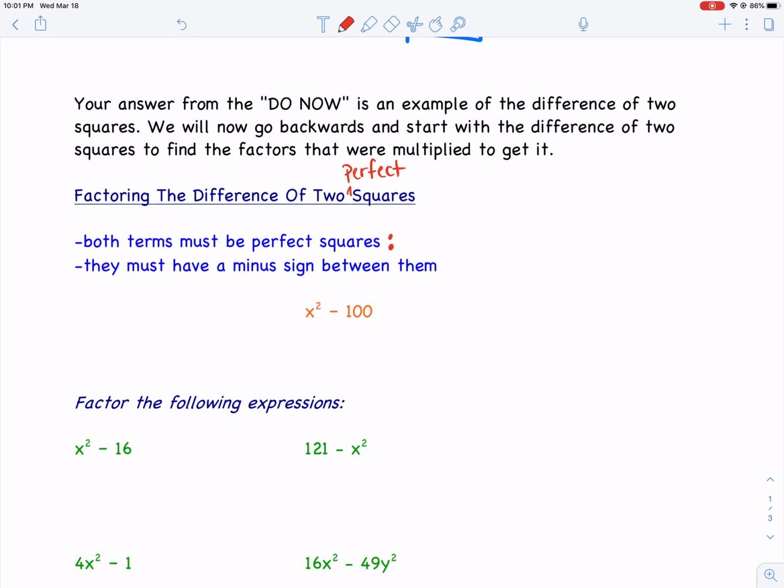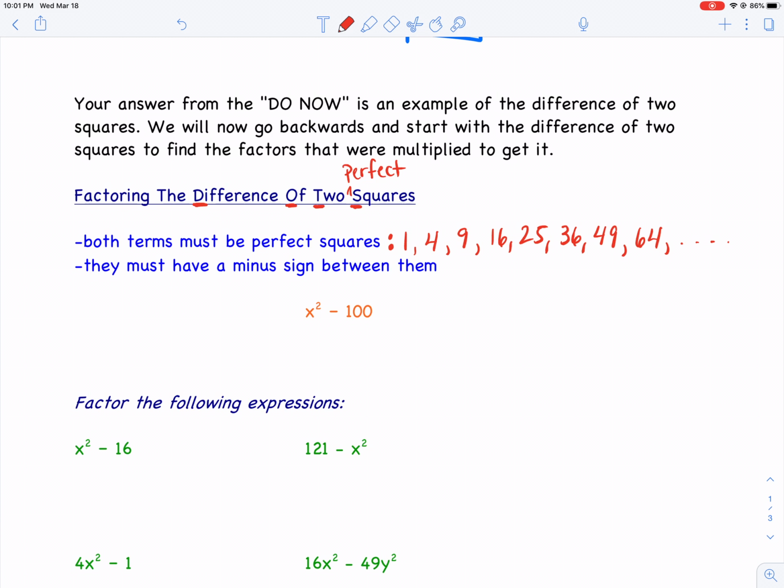We don't usually say that though, because difference of two squares is just DOTS, but I'm used to calling them perfect squares. 1 times 1, 2 times 2, 3 times 3, 4 times 4, 5 times 5, 6 times 6, 7 times 7, 8 times 8, and so on.